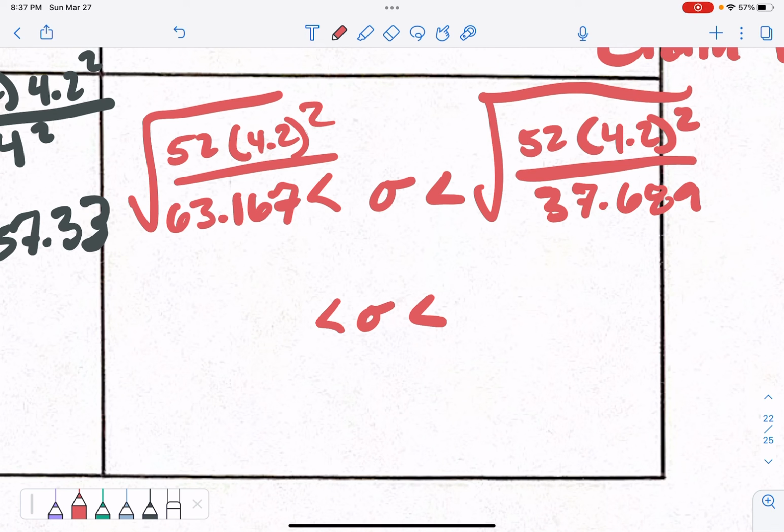Let's see what I get. I got 3.81, and then I got 4.93, okay?